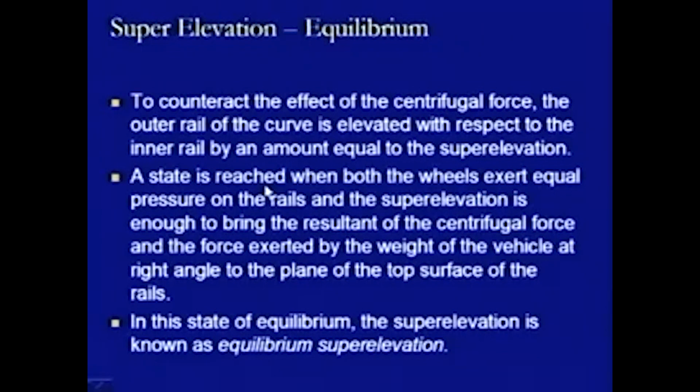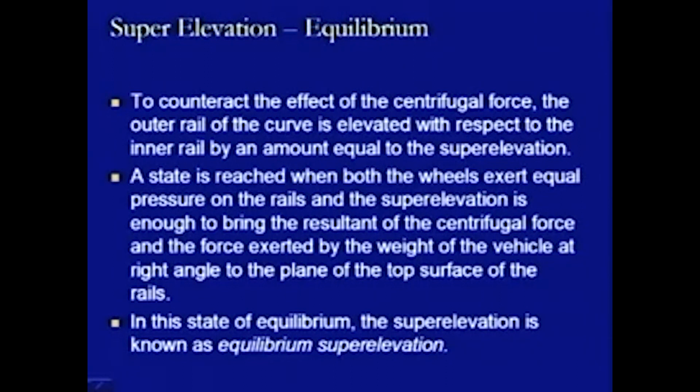In the case of super elevation, we have to look for the equilibrium condition, and the super elevation at that condition is termed as equilibrium super elevation. What happens here is that to counteract the effect of centrifugal force, the outer rail of the curve is elevated with respect to the inner rail by an amount equal to the super elevation.